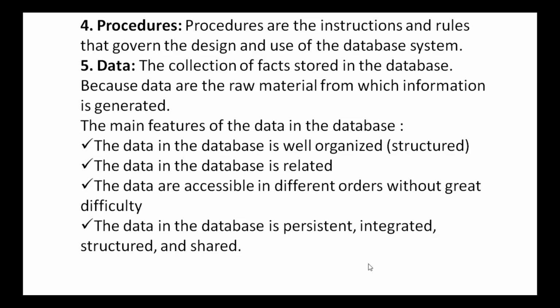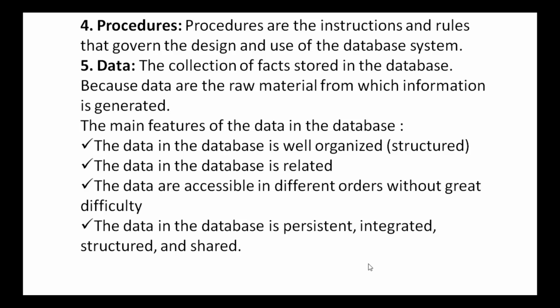The main features of data in the database. The data in the database is well organized, that means structured. Structured means in a meaningful format, ready for processing to generate information, like in relational database systems, where we maintain organized data in the form of rows and columns.